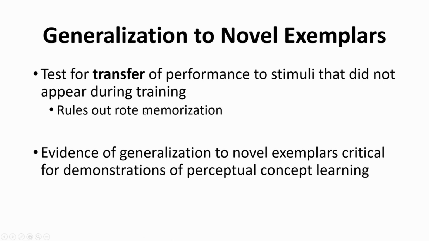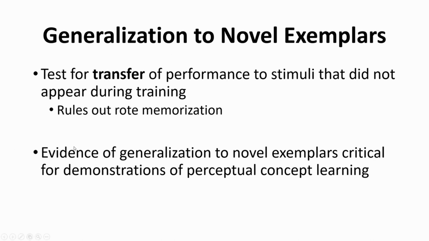They can't use rote memorization. They would have had to use a general rule that applied to the whole category. So if we see this kind of performance in a true group where they were able to categorize something they'd never seen before, we can say they weren't relying on rote memorization, and they must have treated these stimuli as the same category, and therefore must have had some kind of rule that applied to everything that fit within that category.